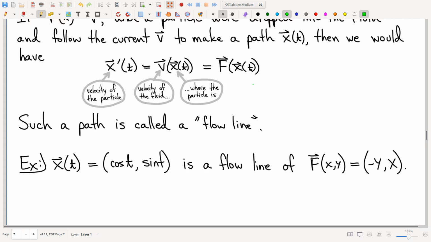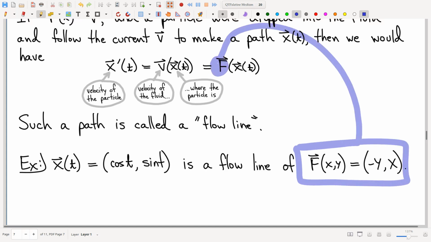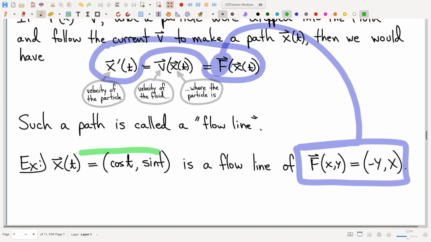I am going to show you, though, what it looks like when you get a solution, because you can take this vector field right here. That vector field gives you one of these differential equations, and then you can solve it. And I claim that this actually is a solution to that system of differential equations. It's actually really easy to confirm that this solution works.